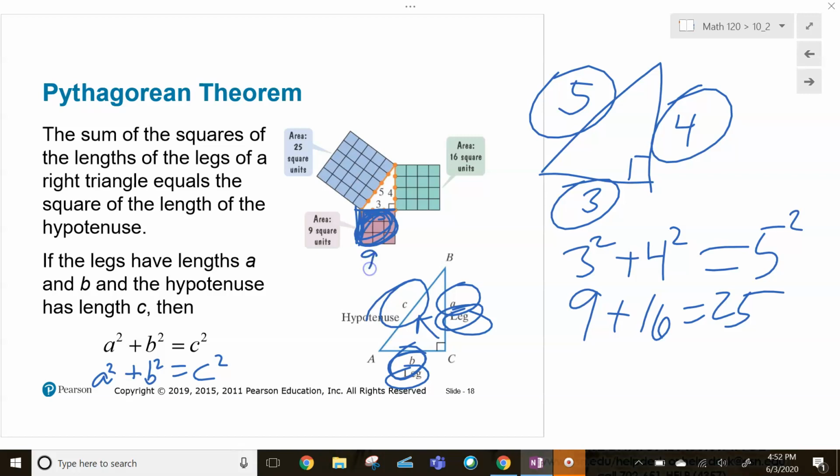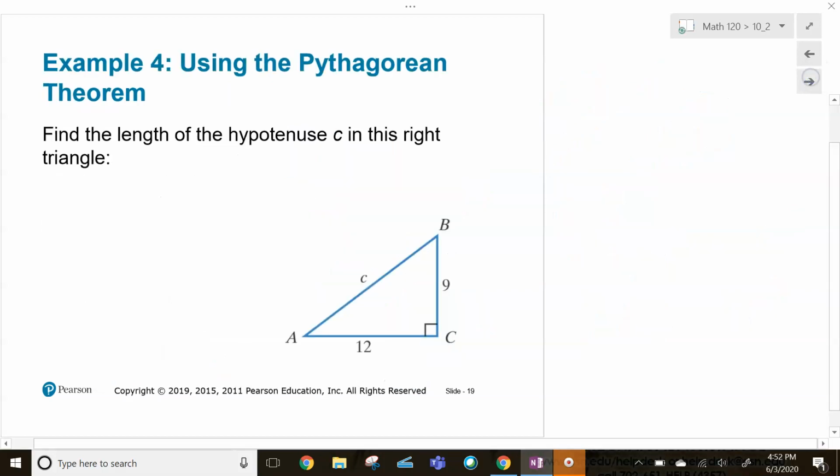Let's say it's square inches. You got 4 by 4, 4 squared, right? We got 16 square inches. So the sum of 9 and 16 would give us the 25 square inches. 5 by 5, 5 squared.